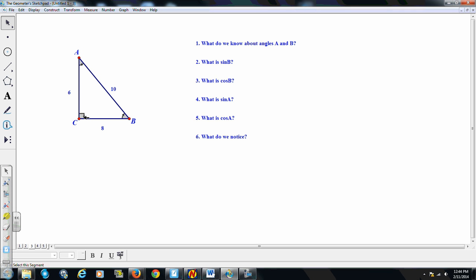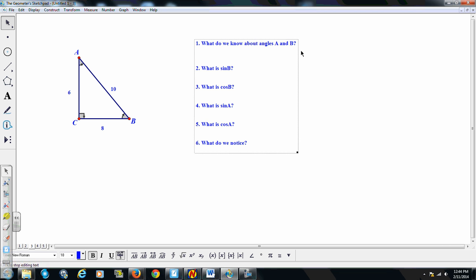If 90 is here, then angle A and angle B added together have to equal 90 degrees. They're complementary angles. So let's go ahead and answer number 1. What do we know about angles A and B? We know that they are complementary. Again, we know this because this is a right triangle.